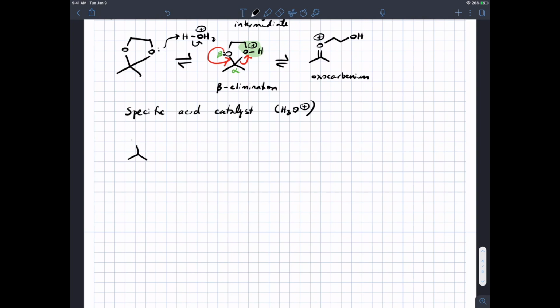So if we were to lay out the kinetics of this kind of reaction, protonation would be a fast pre-equilibrium followed by slow elimination to get the oxocarbenium species. And then you'd have fast addition of water to that oxocarbenium species.